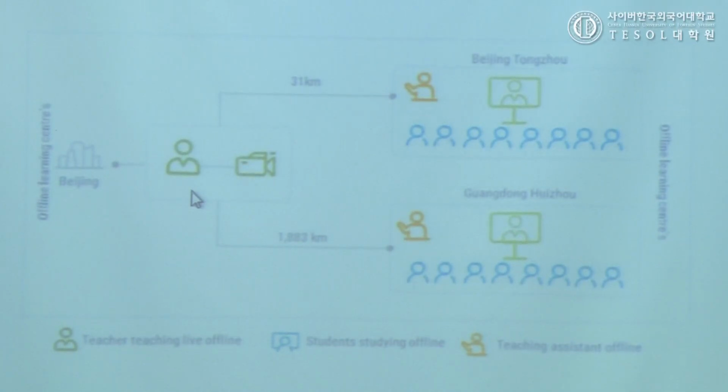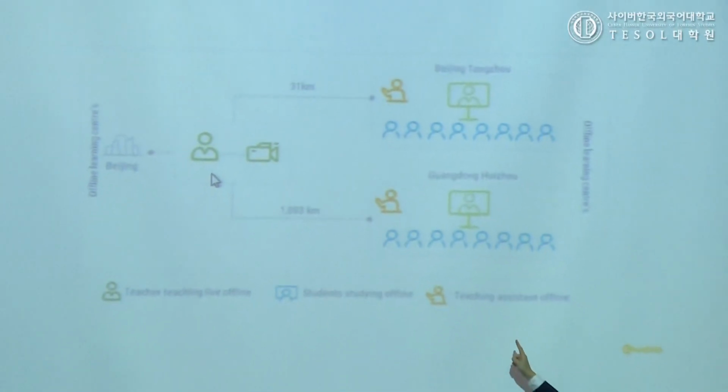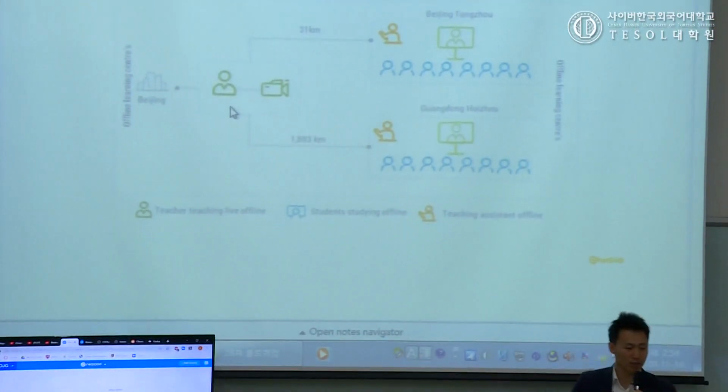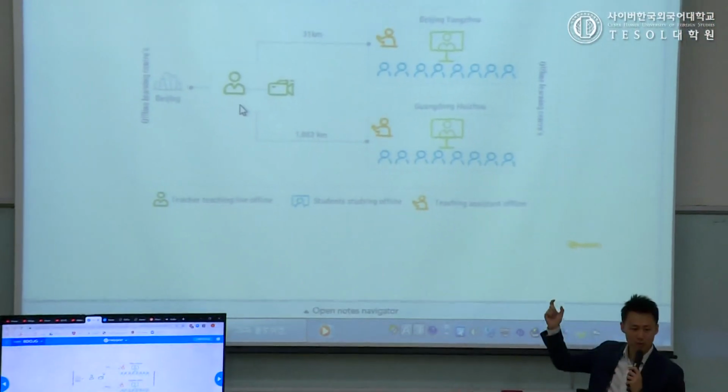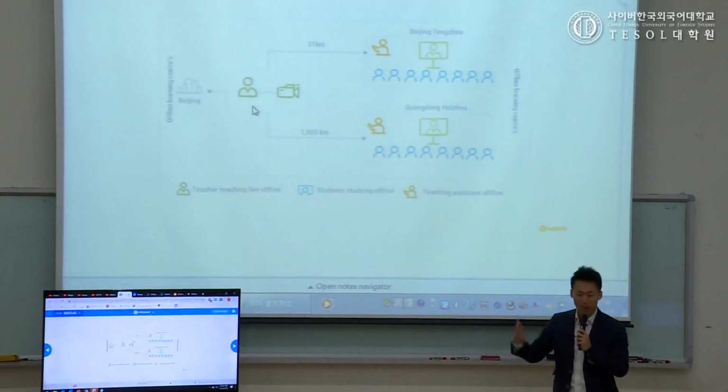So on the top, maybe is one classroom in one city. On the second below is a different classroom in a different city, but both classrooms are accessing that lecture in real time. They're both accessing it.